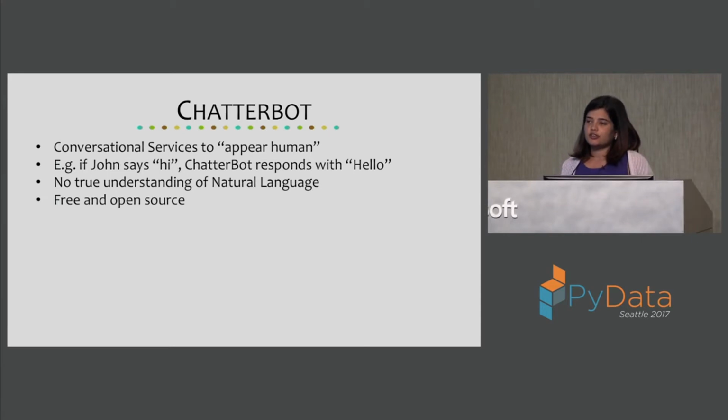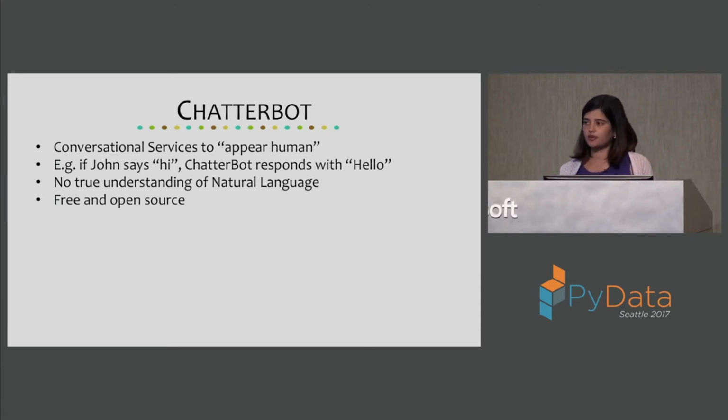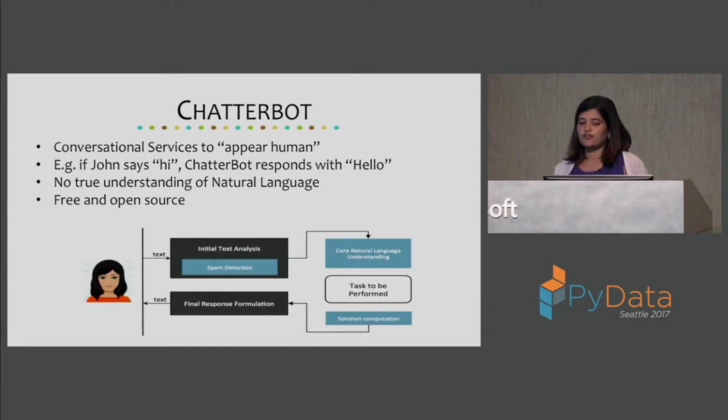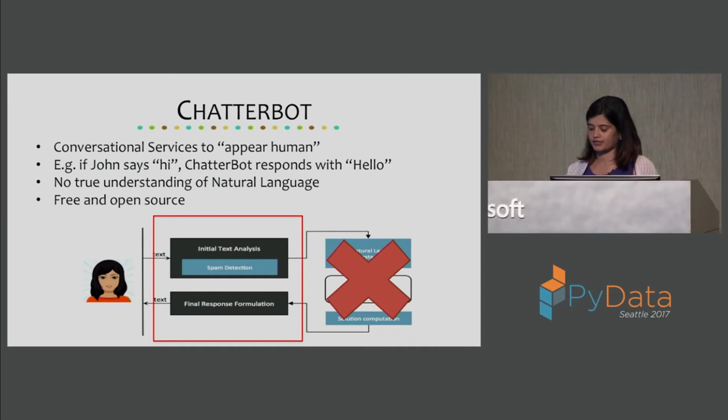The conversational service for Chatterbot is to appear human, as opposed to do any task. So if you go back to my architecture that I presented, it only focuses on the first part. There's input text, and then there's output. It doesn't actually do NLU or any understanding or performing any task.